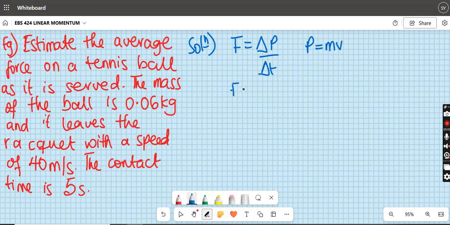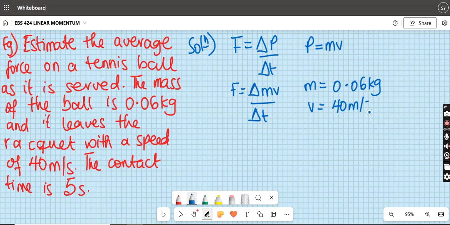So F will be change in mv over change in time. The mass is 0.06 kilos, and our velocity is 40 meters per second.